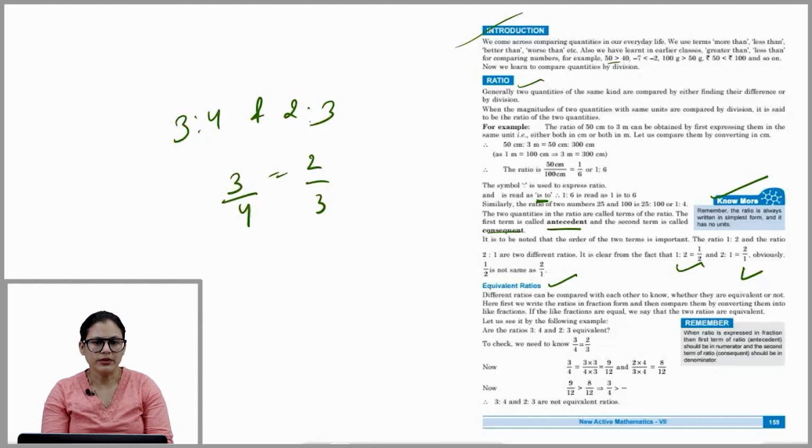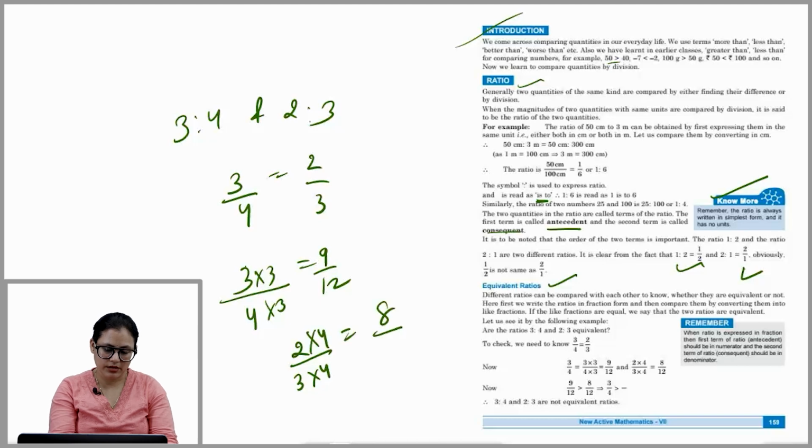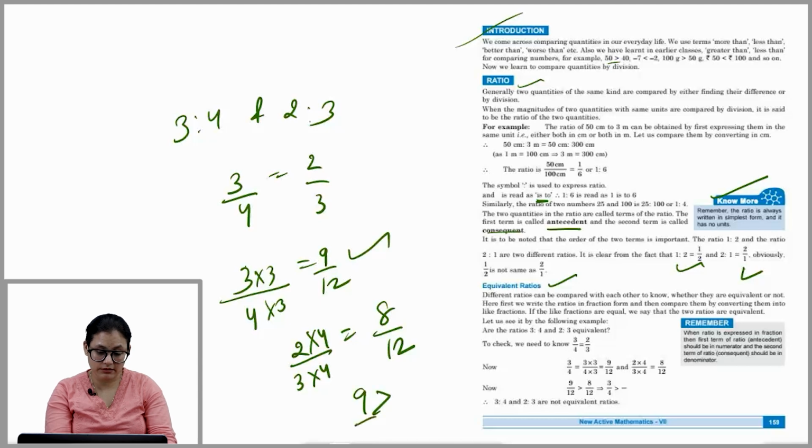Now what will you do? You will multiply 3/4 by 3 to get 9/12, and 2/3 multiplied by 4 gives 8/12. Now 9/12 is greater than 8/12.